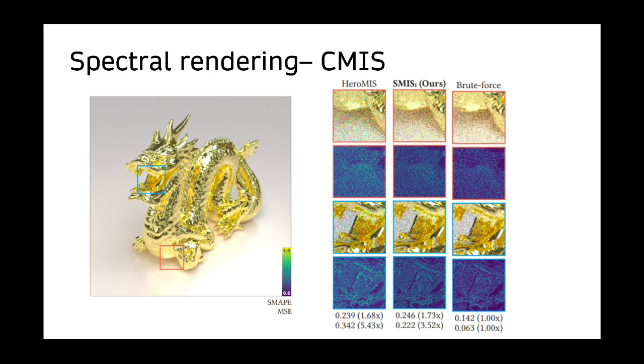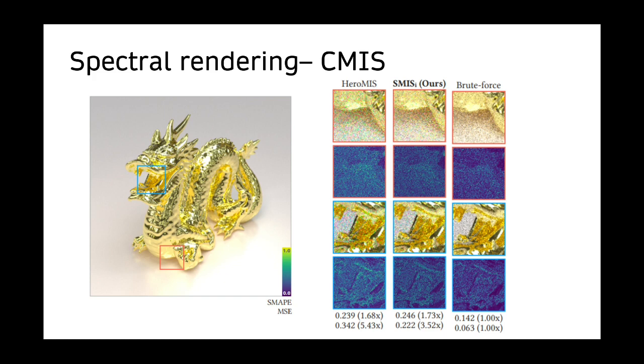As the fluorescent light has a peaky power distribution, the scene is challenging for Hero MIS, and there's quite a bit of color noise present. In contrast, the SMIS estimator shows reduced color noise, on the right being almost visually indistinguishable from the brute force method.